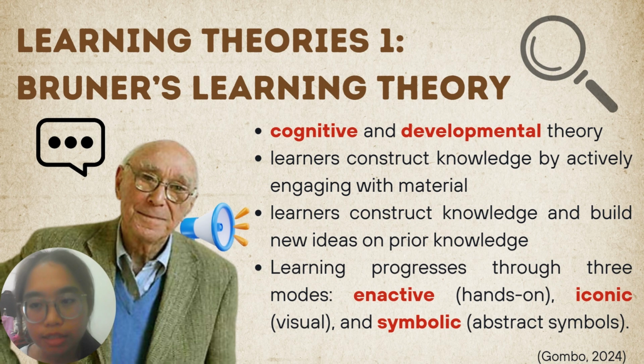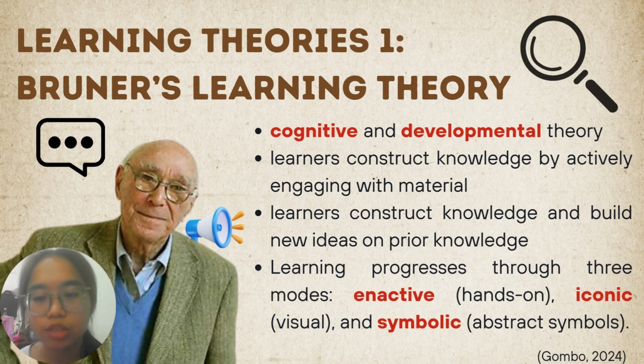So in this activity, we have applied two learning theories. The first learning theory is Bruner's learning theory. Jerome Bruner's learning theory is a cognitive and developmental theory that suggests students construct knowledge by actively engaging with material in the activity. According to Bruner, learning is not passive absorption of facts.